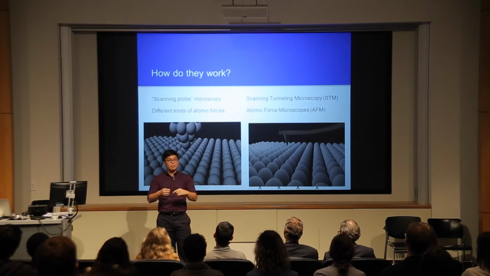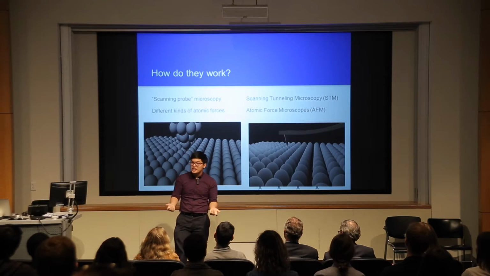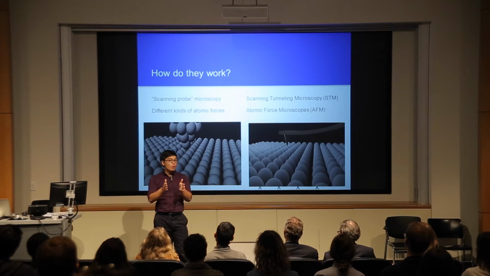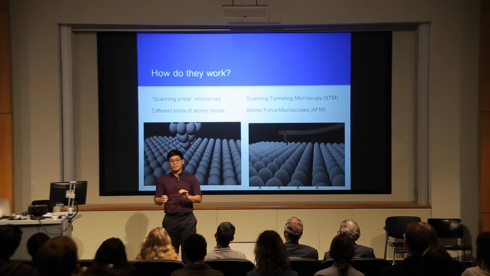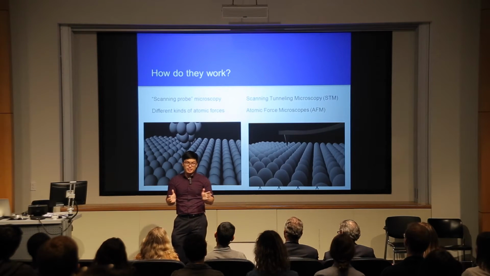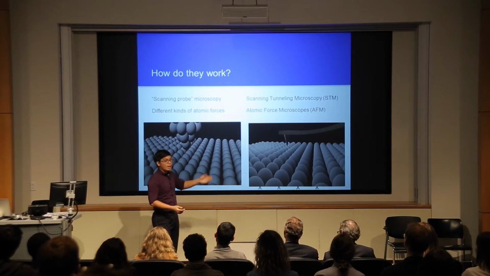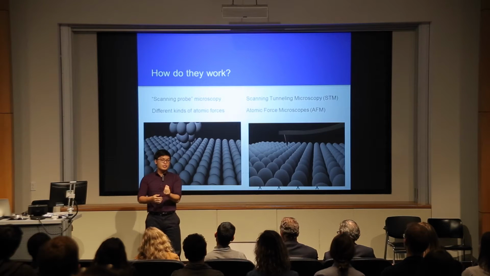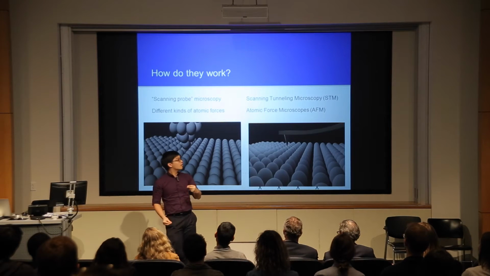Usually you want to use conducting materials to make a circuit. Well, there's this odd phenomenon that if the insulating portion is small enough, the electrons will just magically jump across the insulating surface for some physical reason. And we take advantage of this by bringing, again, the conducting probe very, very close to the surface. We get an electrical response, and we can measure that.